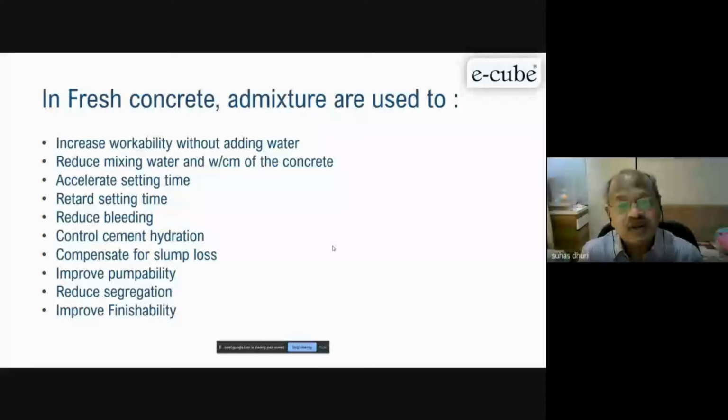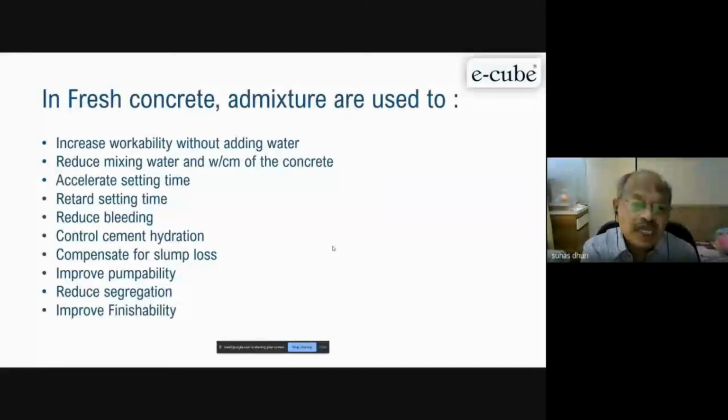Earlier, you prepared concrete and used it within half an hour, because you were preparing at site itself. But now you are getting it from a ready-mix concrete plant, so it has to travel maybe half an hour, 45 minutes, 1 hour, or 2 hours. So whatever initial workability is there, it has to maintain at least minimum placeable concrete once it reaches site.